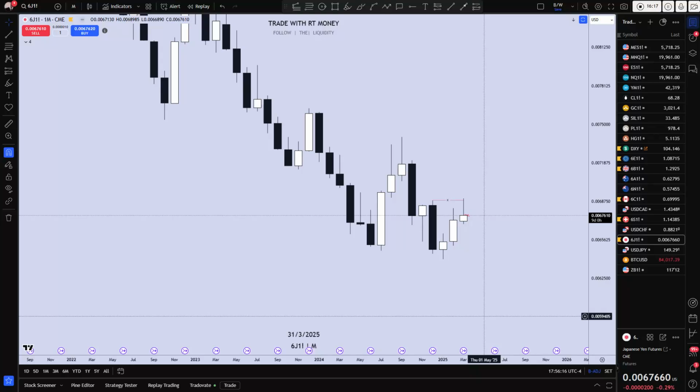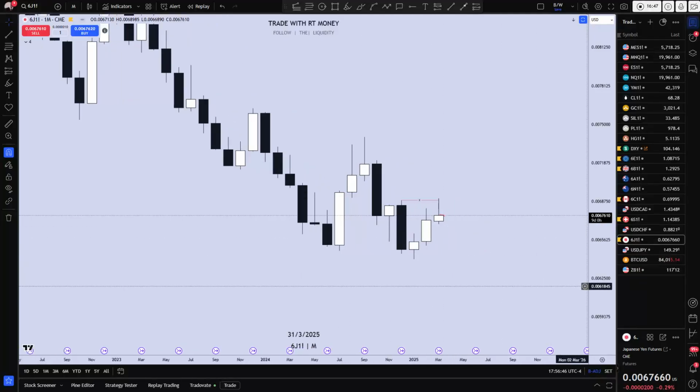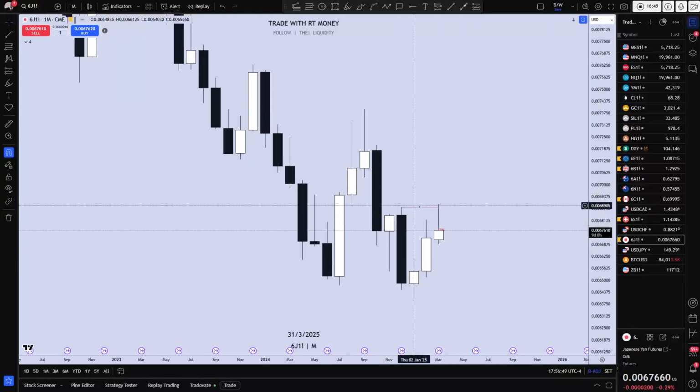In environments where there is tension in global geopolitical situations around the world, like the Middle East and Russia and Ukraine and oil prices and all, they go to the Japanese yen before they go to the US dollar, and the US dollar underperforms in this market against the Japanese yen.